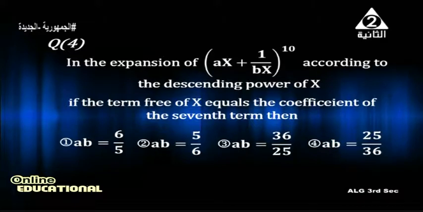And we find the relation between a and b. After we put the term free of x equal to the 7th term, by using cross multiplication, we deduce that a times b equals 5 over 6. The correct answer is number 2.